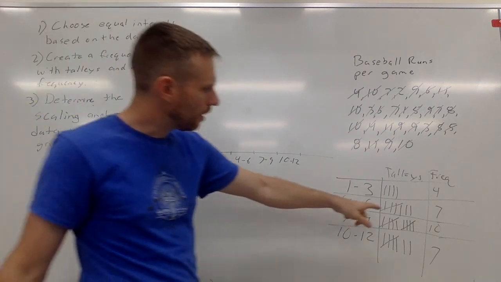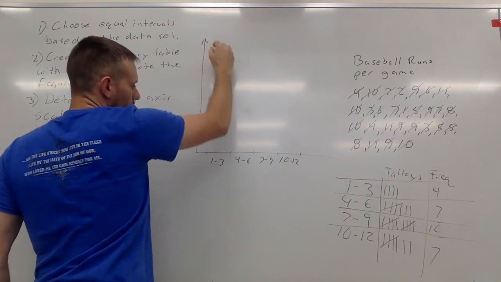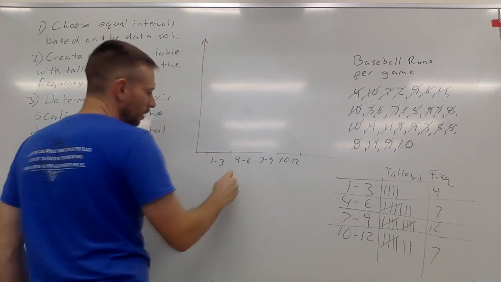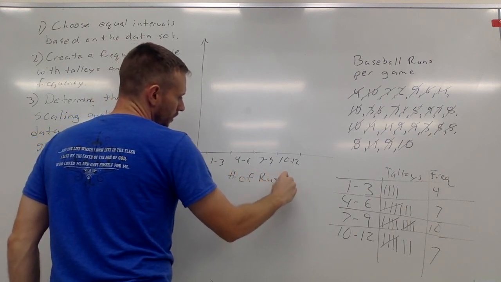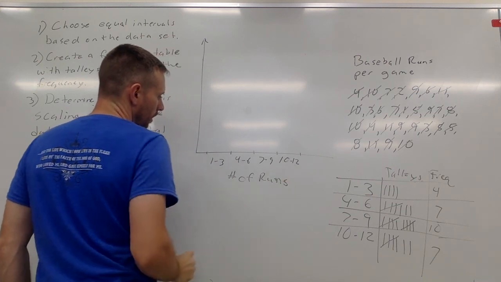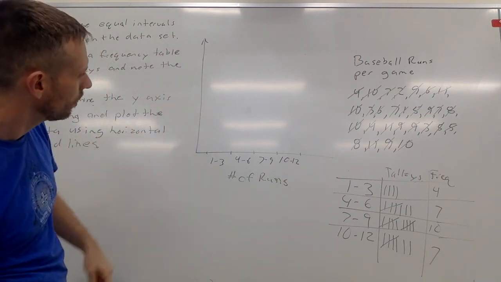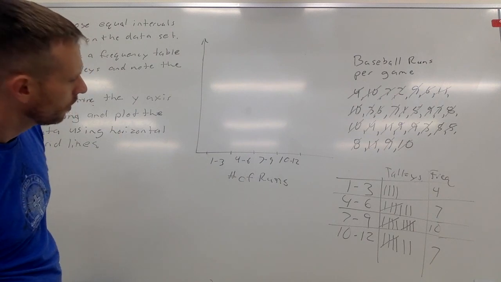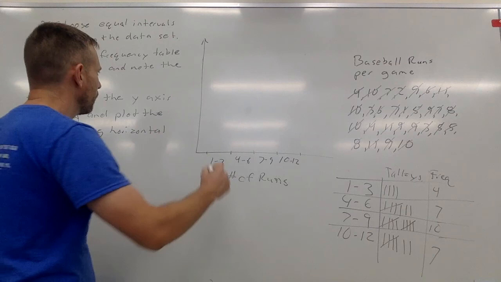Now, my frequency going up the y-axis, okay, by the way, this is number of runs. I'm going to label this x-axis, number of runs, okay, and then this is the frequency, right, or times.